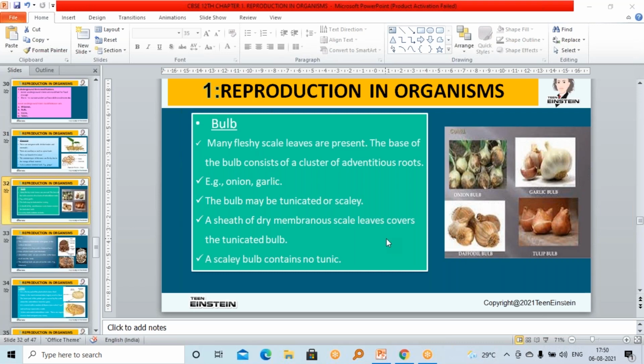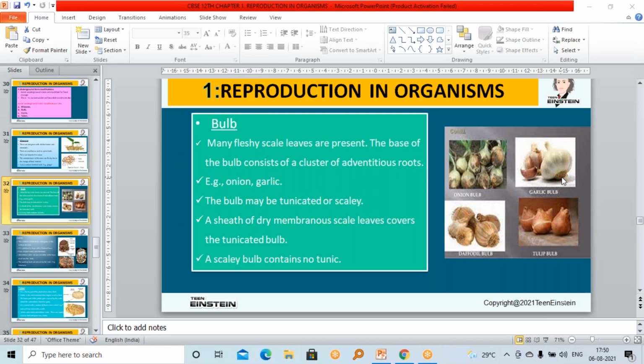Now let's go to the points. They are highly condensed. Think about onion. It is a highly condensed, discoid stem. And on the upper surface, a terminal bud is present. That terminal bud will grow.